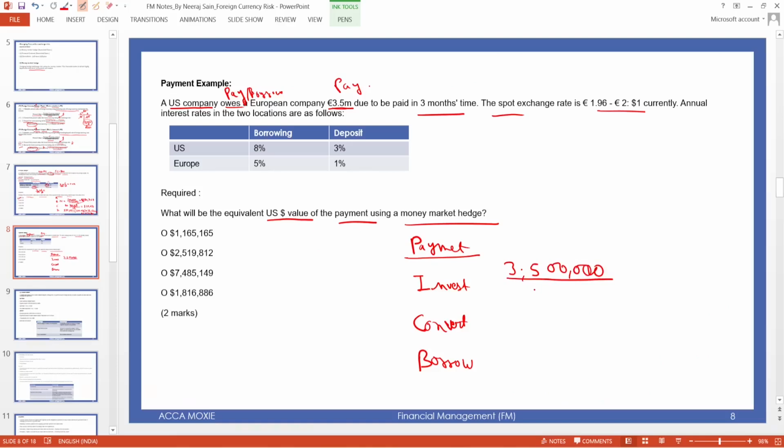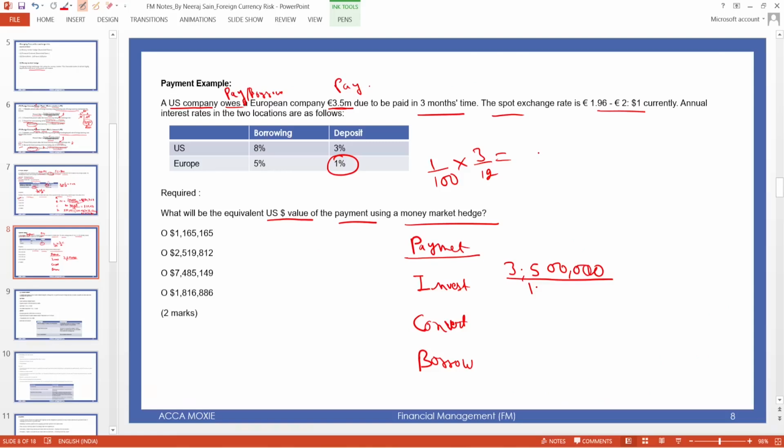We have to invest that, investing in euro, 1 divided after 3 months.